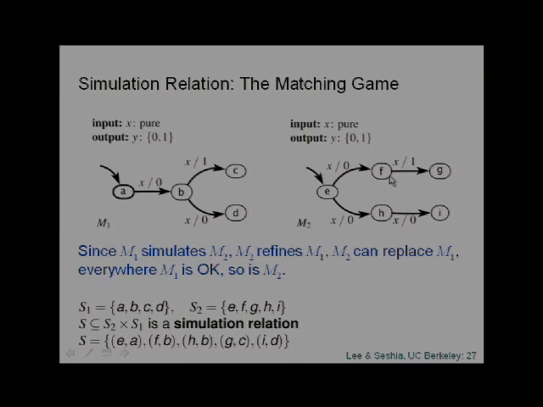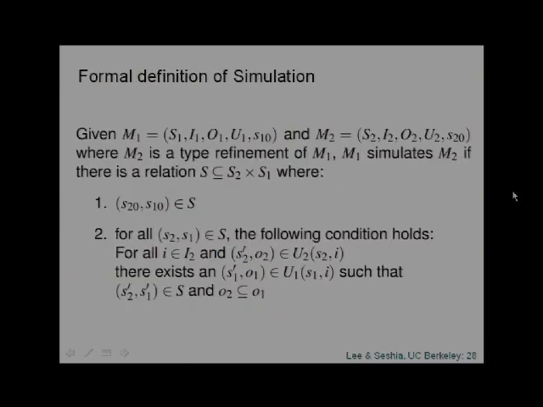That's the update function, and that's the initial state. And M2 is again states, inputs, outputs, update function, and initial state. At the minimum, M2 must be a type refinement of M1. Then we say that M1 simulates M2 if you can compute a simulation relation, a set of pairs of S2 and S1, where the initial state must be in the relation.